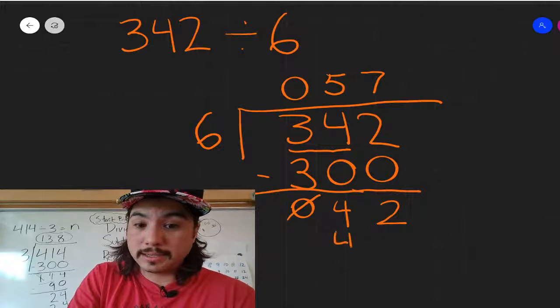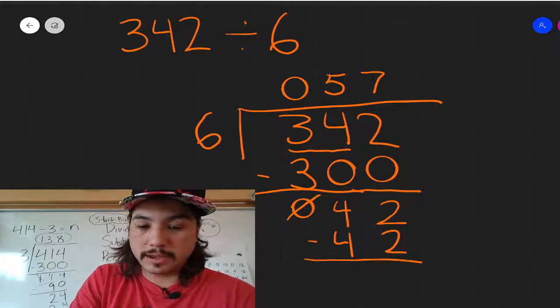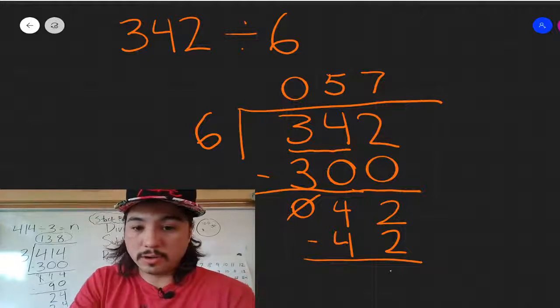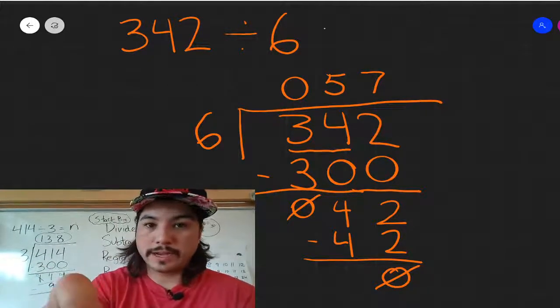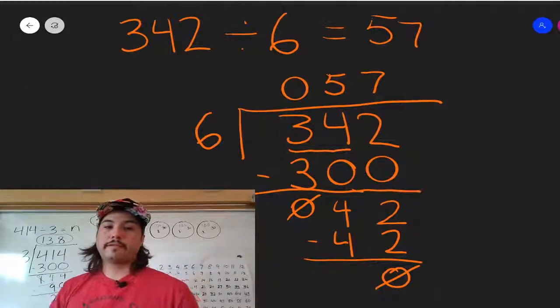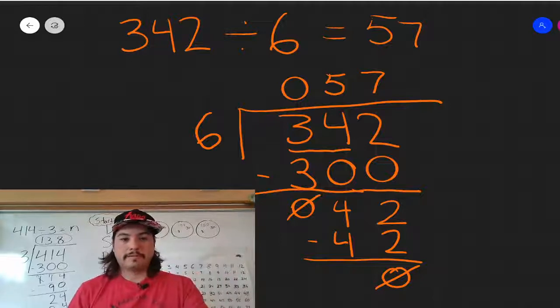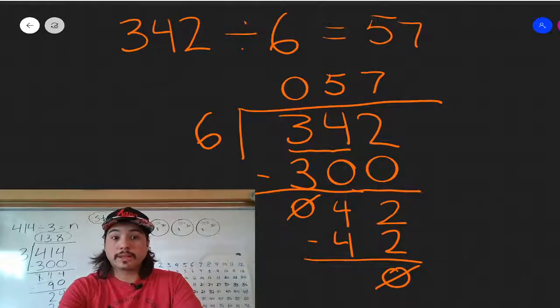And because it's equal, we don't have a remainder. So our final quotient, 342 divided by 6, is 57. If I take 342 things, I put them into 6 equal groups, I will have 57 in each group.